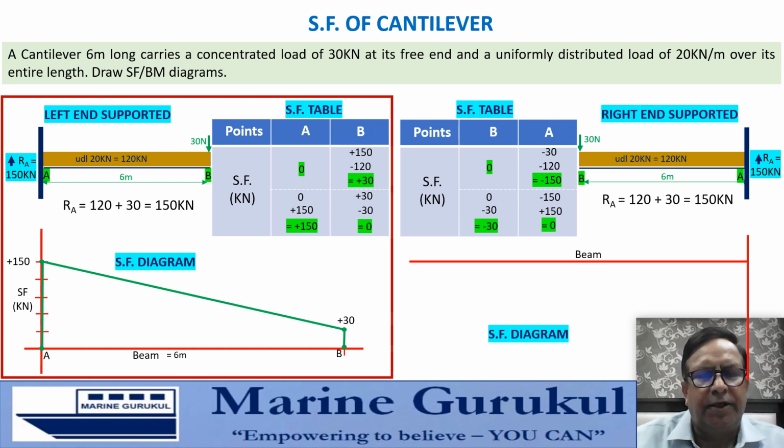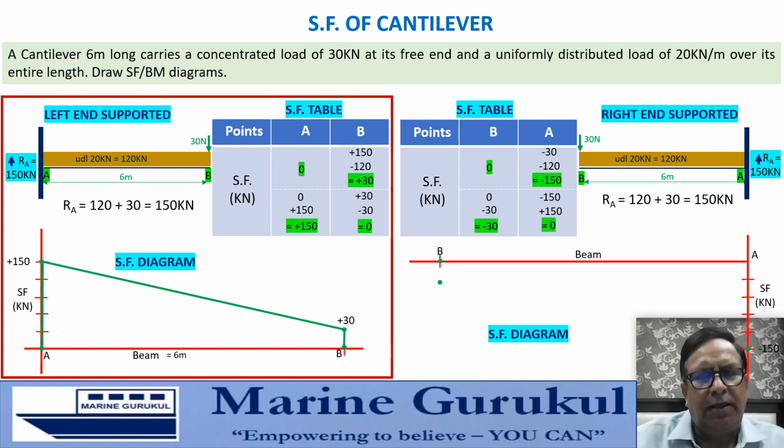Now we make the shearing force diagram. We have the x-axis representing the beam and the y-axis representing shearing force. We have points A and B. A is fixed. We have the graduations, each representing 30 kilonewton. At B, the shearing force goes from 0 to minus 30, the two dots coming up.